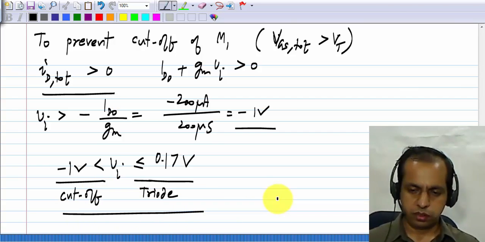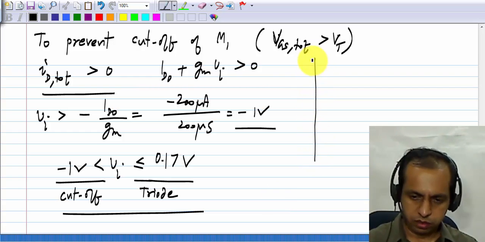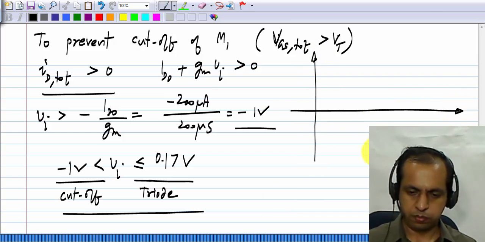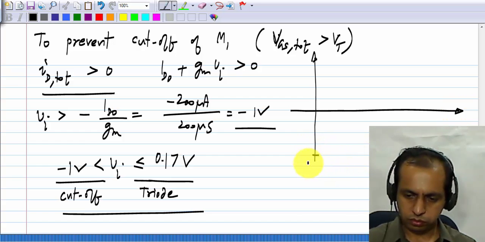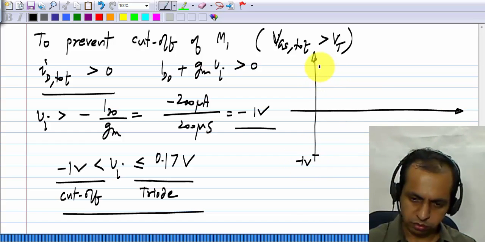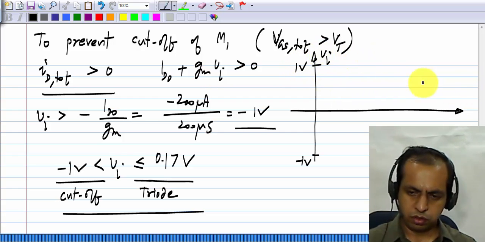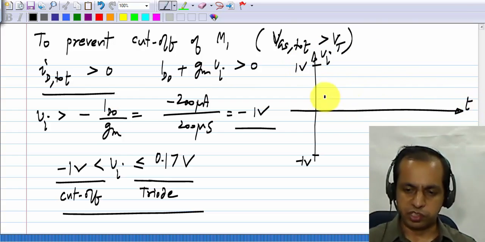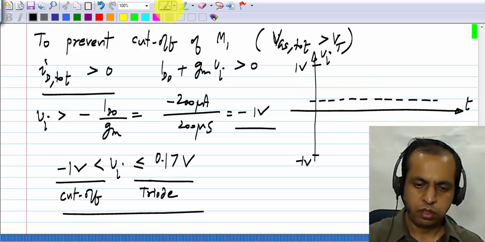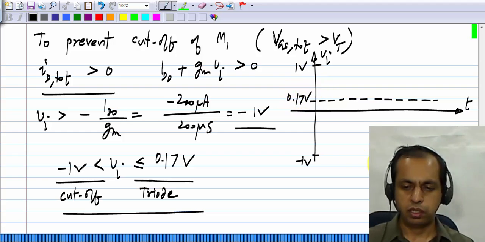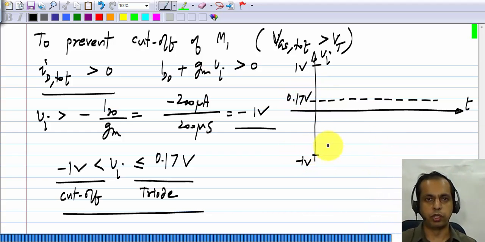So if I plot Vi, the limits are somewhere here. The upper limit is 0.7 volts and the lower limit is minus 1 volt.